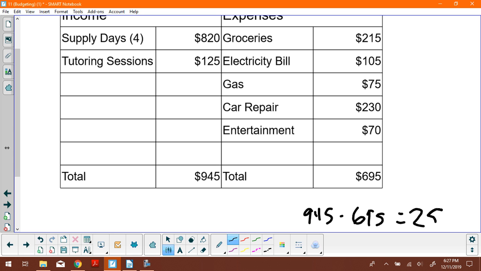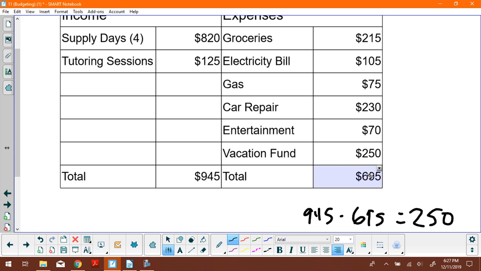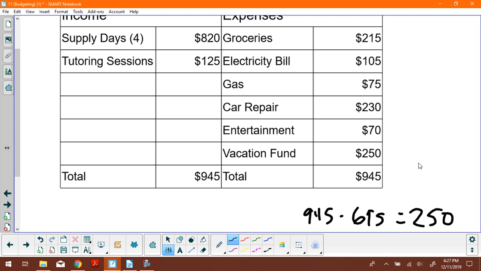So I have $250 left over. So let's say vacation fund. I'm going to put that money into some savings for a vacation fund. So now I'm at 945, and my budget is now balanced.